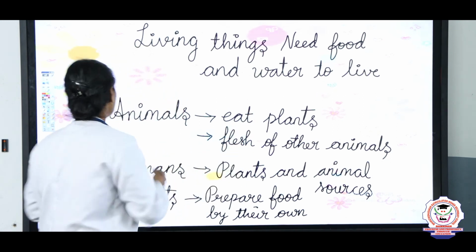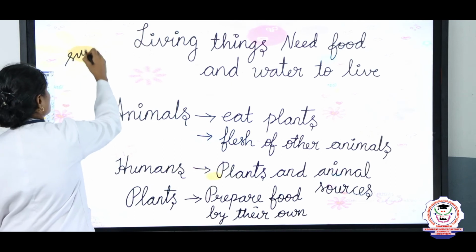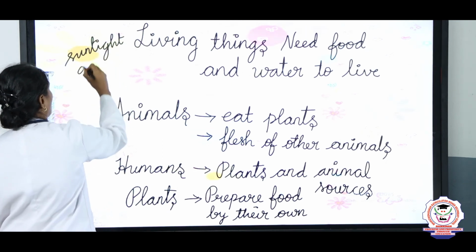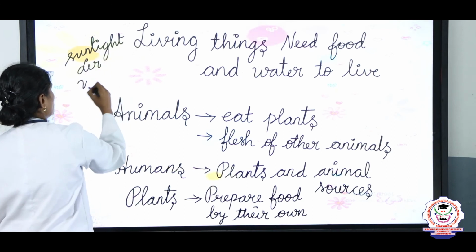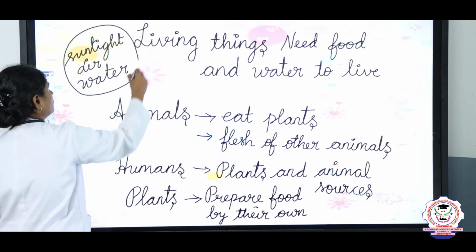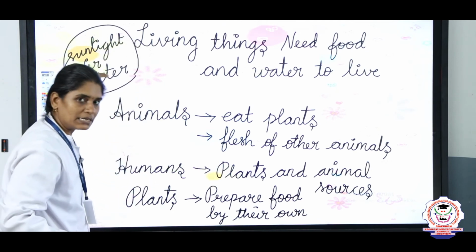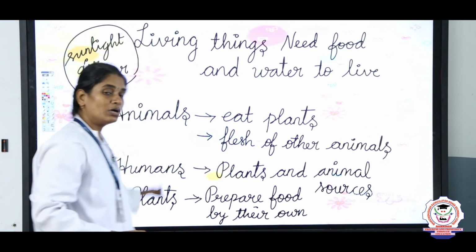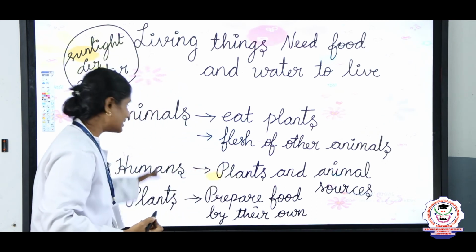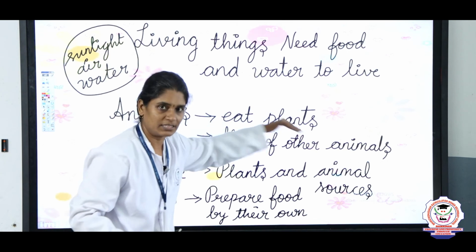So, they prepare their own food using these raw materials, right. Plants are the only things that prepare their own food, and animals eat the plants, and some animals eat the flesh of other animals, right.